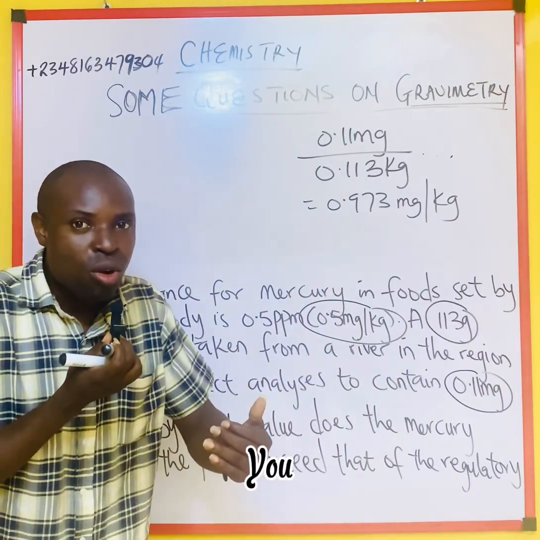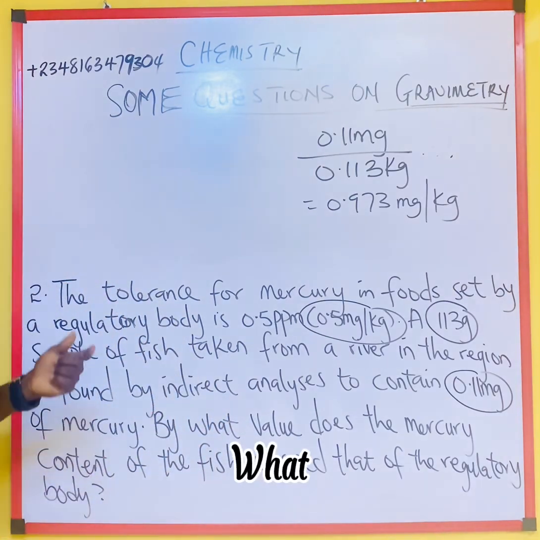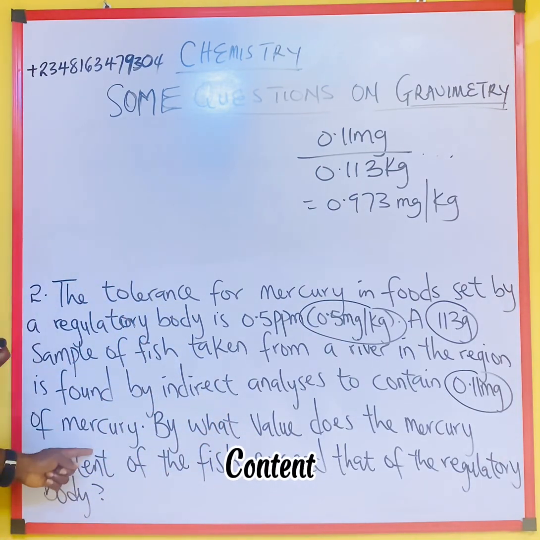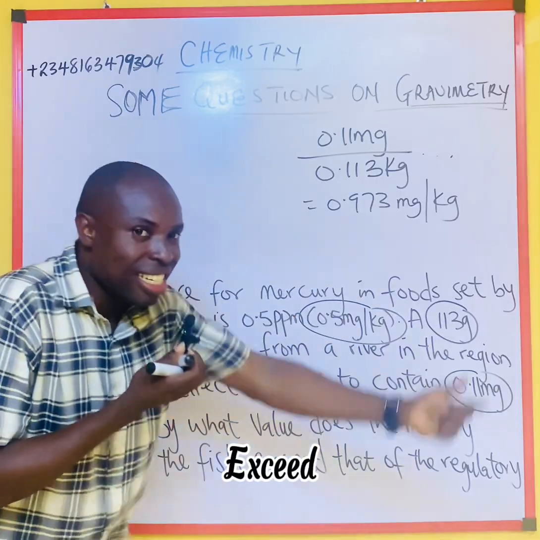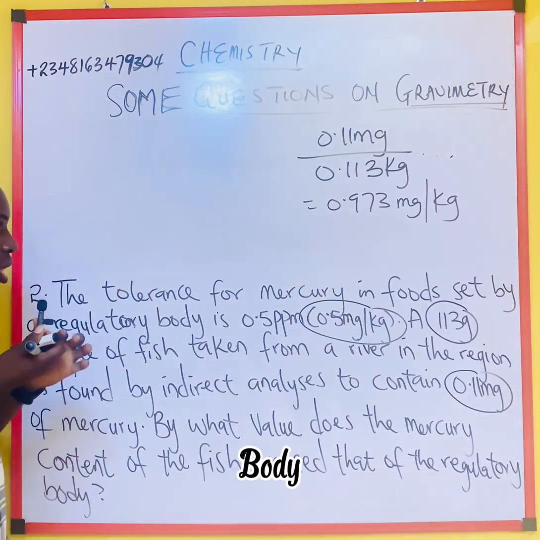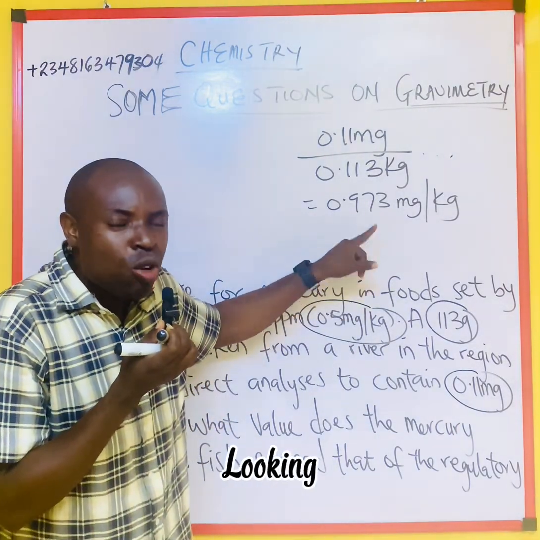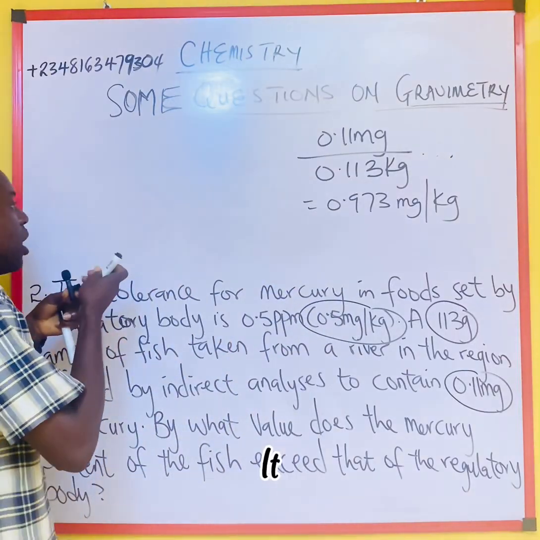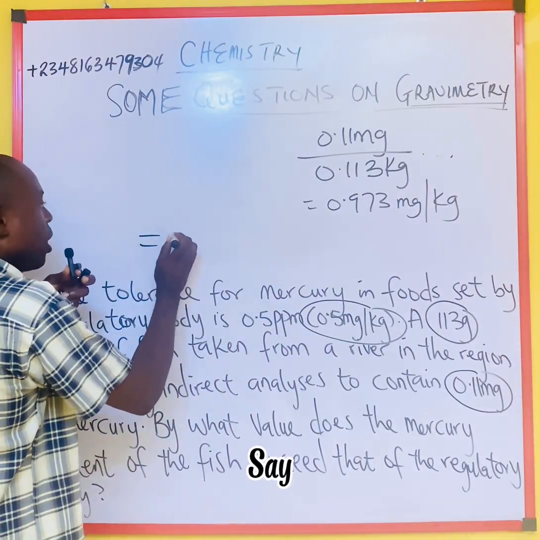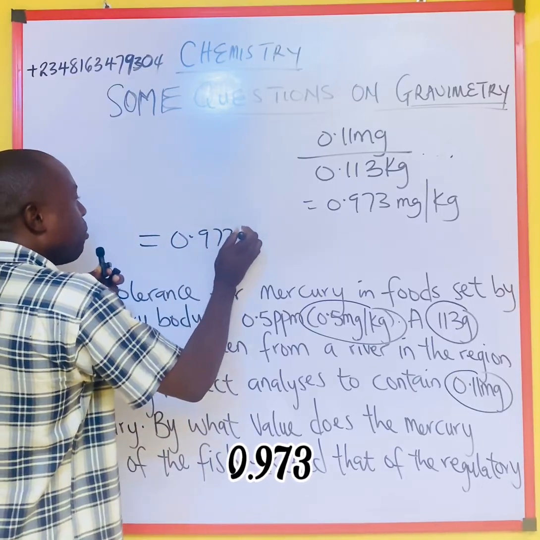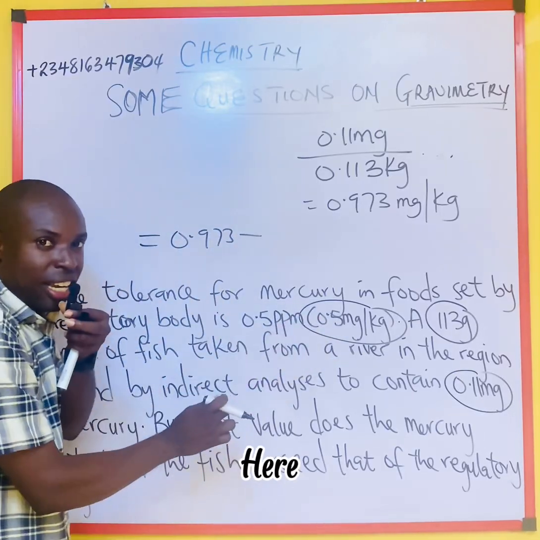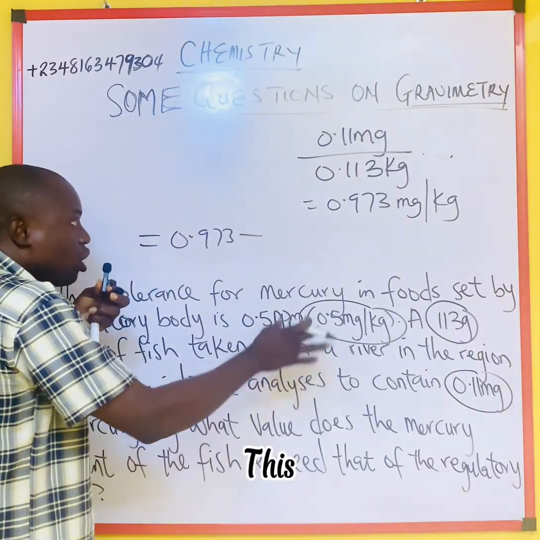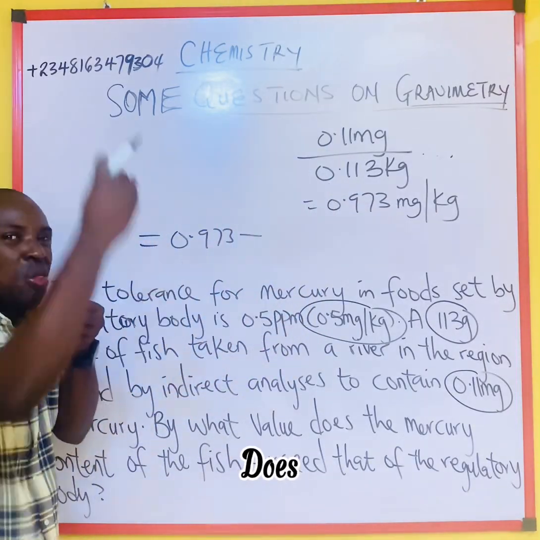They're now asking: by what value does the mercury content of the fish exceed that of the regulatory body? Since I have this one here, we are looking at by how much it exceeds. It's very simple. You just say it will exceed by 0.973 minus what now? This standard here. This is the standard, and this was what you got. So by what amount does it exceed?